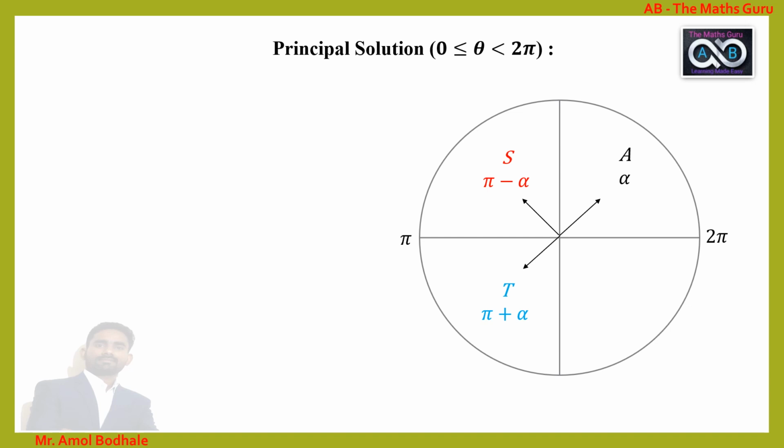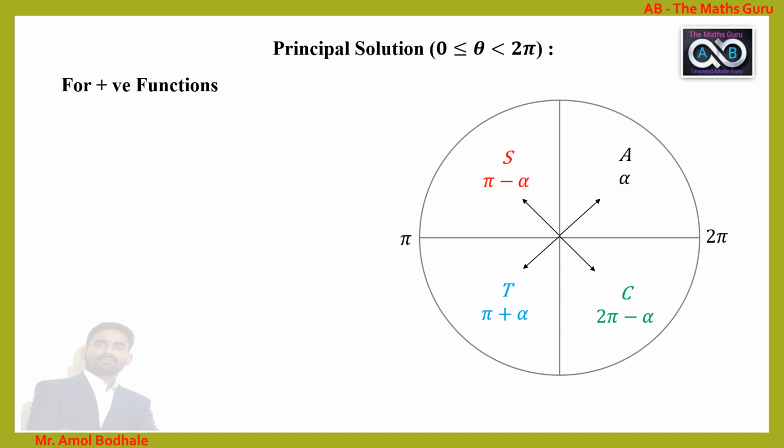The angle in the third quadrant is more than 180 degree, so we can say it is pi plus alpha. For the fourth quadrant, cos and its reciprocal, sec theta, are positive, remaining all are negative. The angle in the fourth quadrant is less than 360 degree, so we can express it as 2 pi minus alpha.